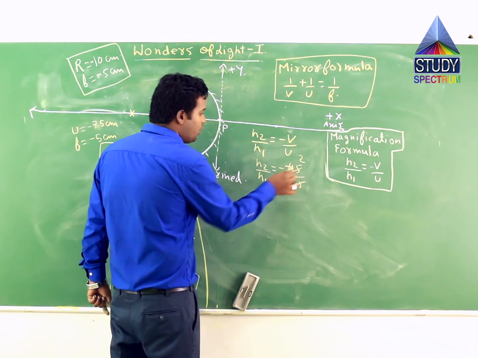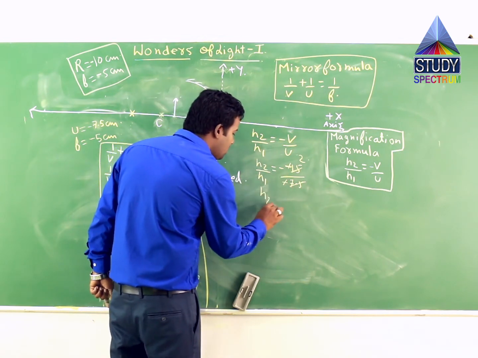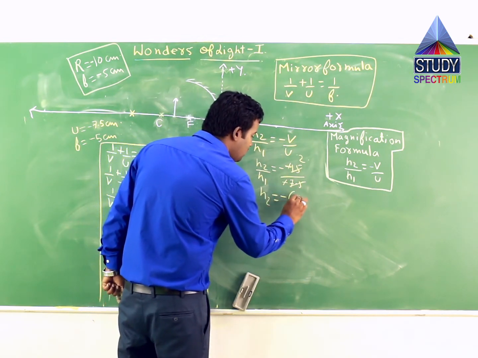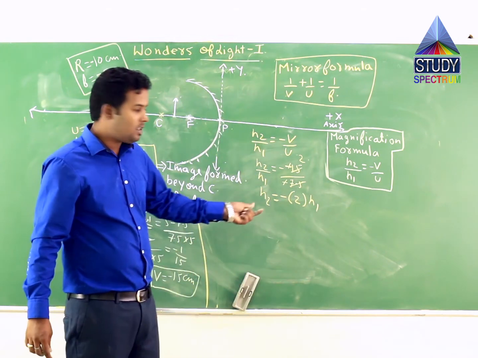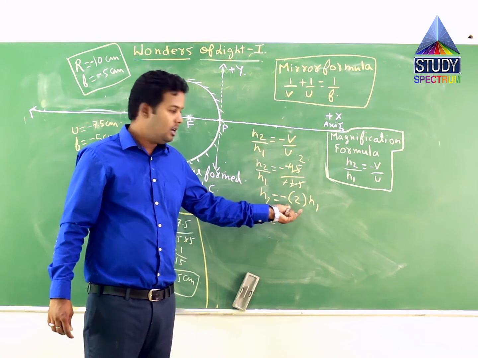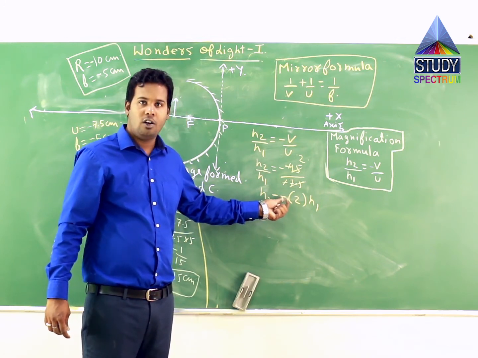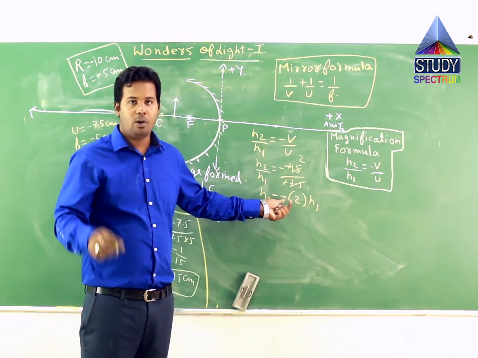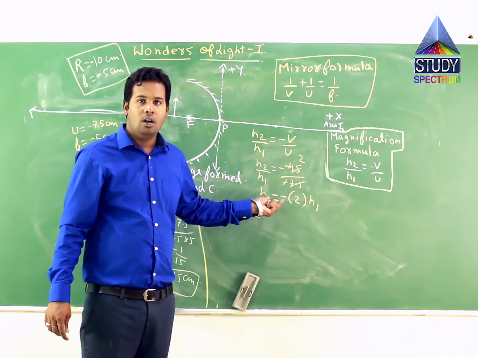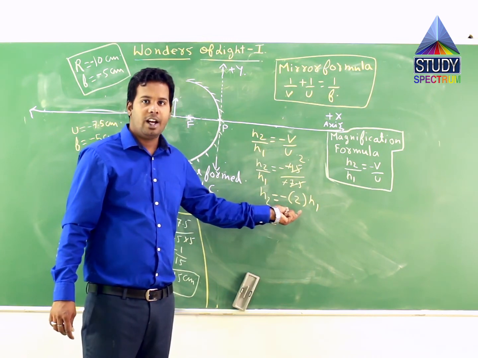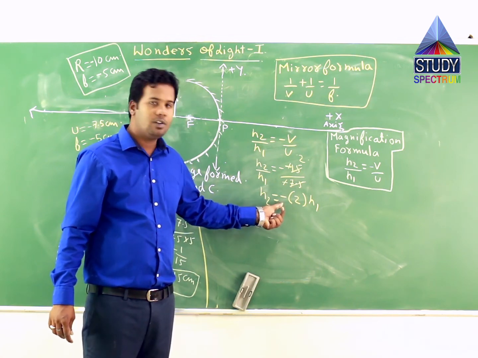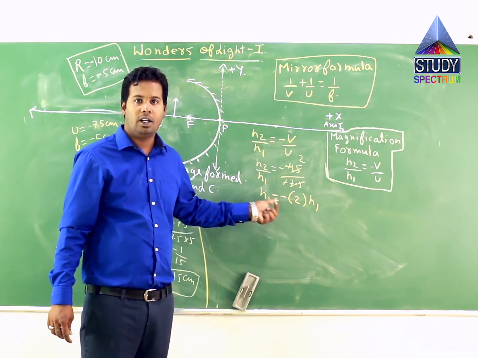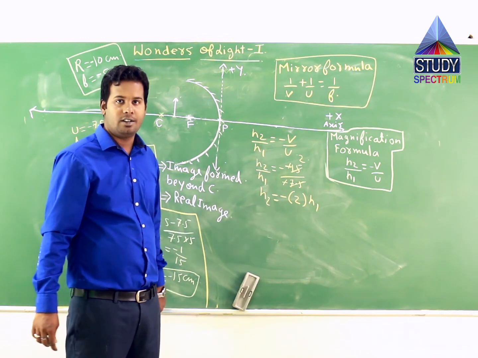So if I take h1 on the right hand side, this h2 becomes minus of (2h1). In every case, I am using this bracket after this sign of negative, or it can be positive also, just to make you understand what is the significance of this number and what is the significance of this negative sign in this particular case or in every case.